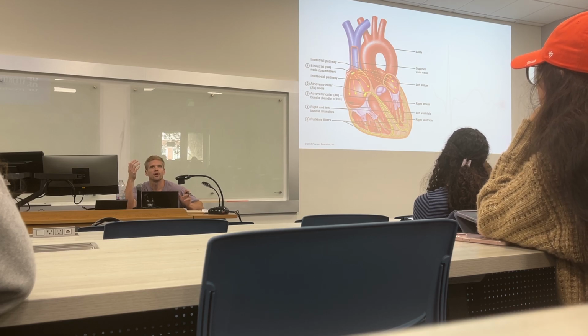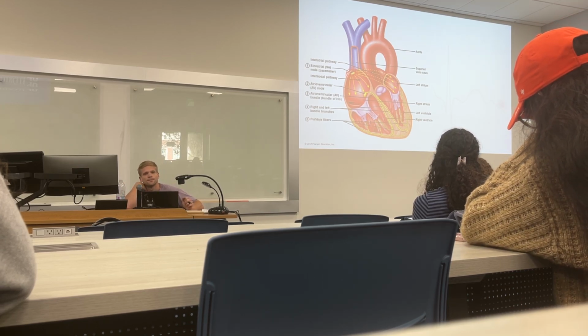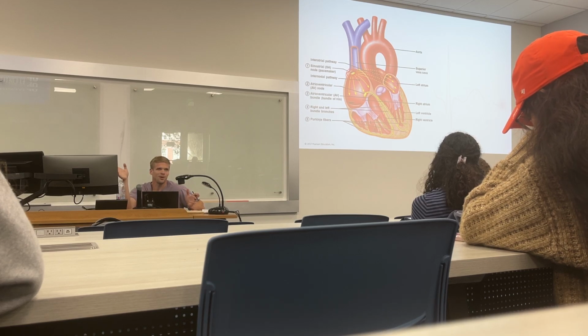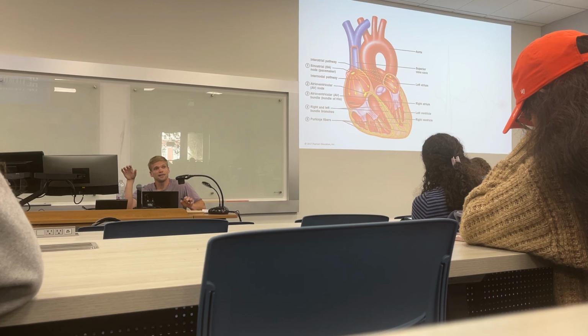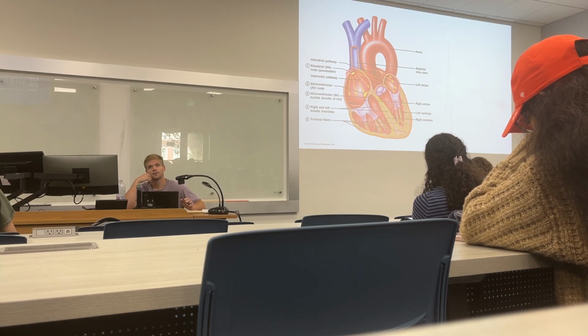The sinoatrial node is a collection of cardiac muscle fibers, and the sinoatrial node fibers look just like the other cardiac muscle fibers of the heart. But it is nonetheless a specialized group of cardiac muscle fibers.